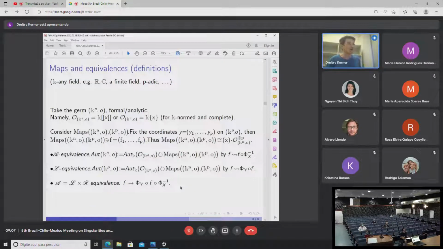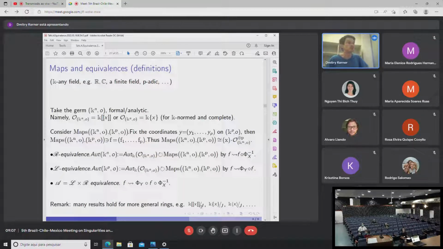Just one general remark. From the very beginning, I restricted to some very particular rings, rings of formal power series or analytic power series. Most of the results hold for more general rings. For example, we could take a quotient by an ideal.